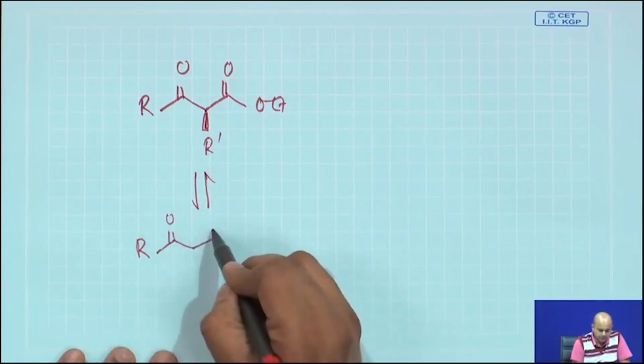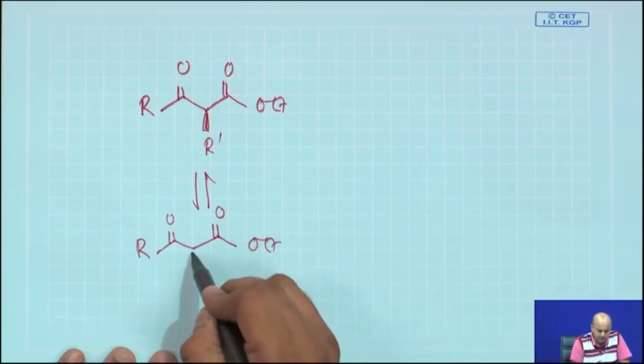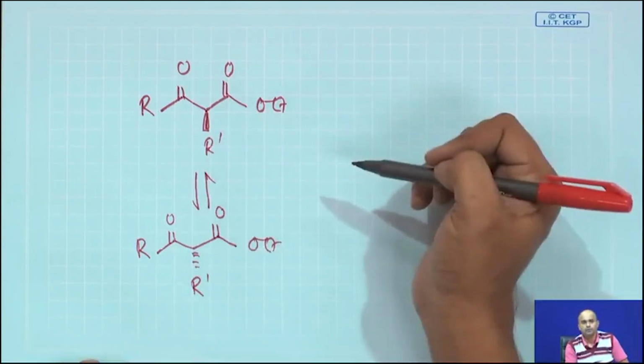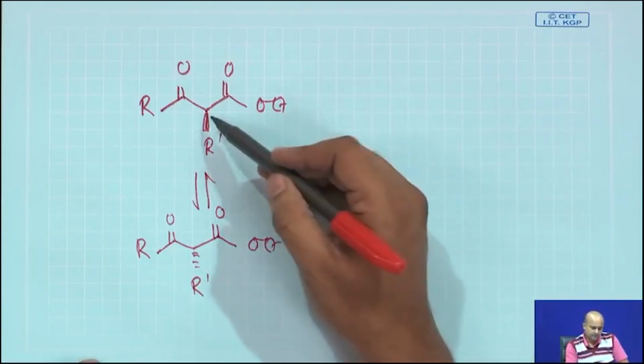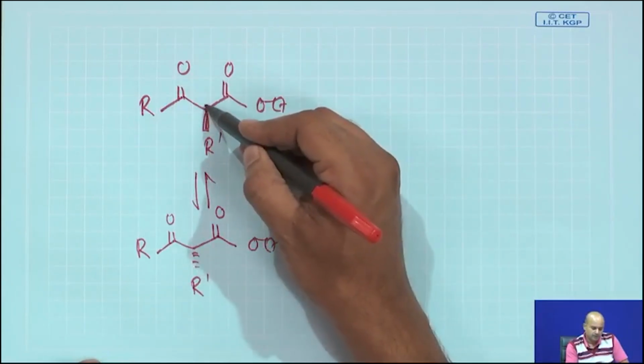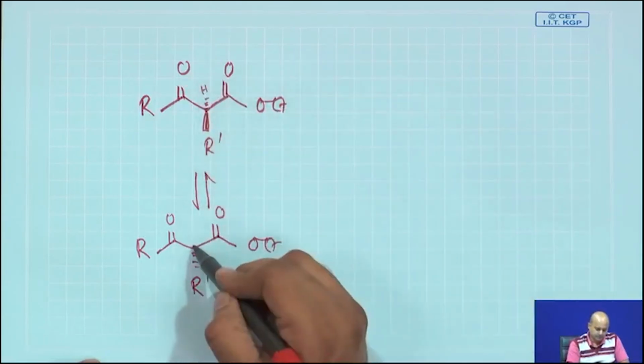Now, if you see the structure of this substrate, these two enantiomers are in dynamic equilibrium. Why? This substrate has an extremely acidic kinetic hydrogen.